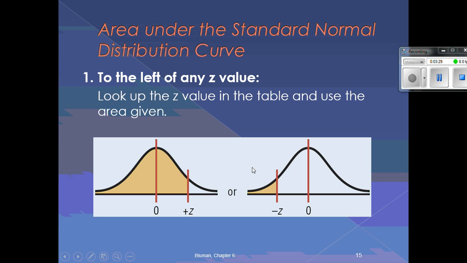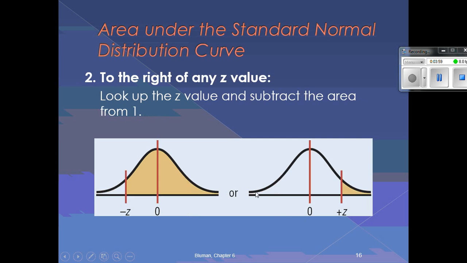Now we're going to be looking at a table in the back of the book in a second, and that table tells you what percentage of the scores are less than the z-score. So if you're looking at a positive z-score, you're looking at the area less than it, all of this over here. If you're looking at a negative z-score, you're looking at the area of values less than it, so all the stuff over here to the left of it.